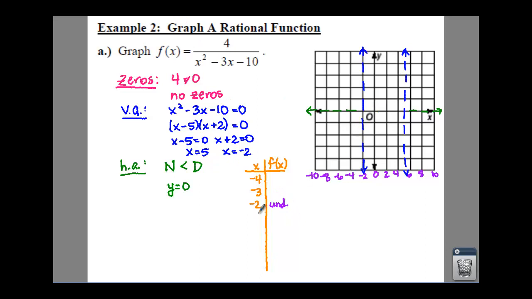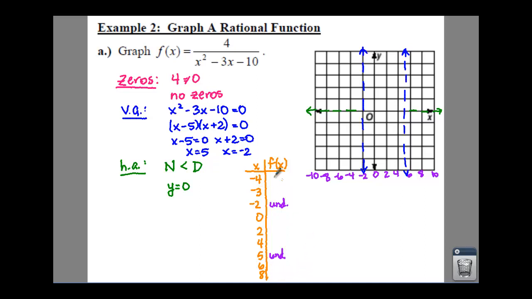Let's put in some values: 0, a 2 in the middle, and we can even go 4. We'll get a little crazy here. If you were to put in a 5, that'd be undefined. We don't really need to put in a 5, but I'm just going to show you. Undefined. Then let's put in a 6 and an 8.